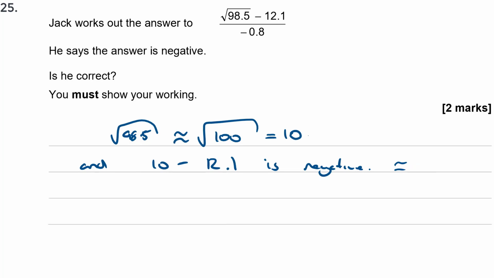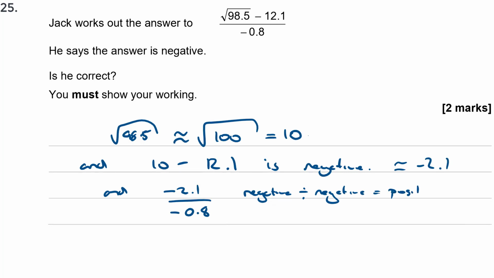So it's going to be roughly minus 2.1, isn't it? And if I take minus 2.1 and I divide it by minus 0.8, I have a negative divided by a negative, which is positive. So Jack must be wrong.